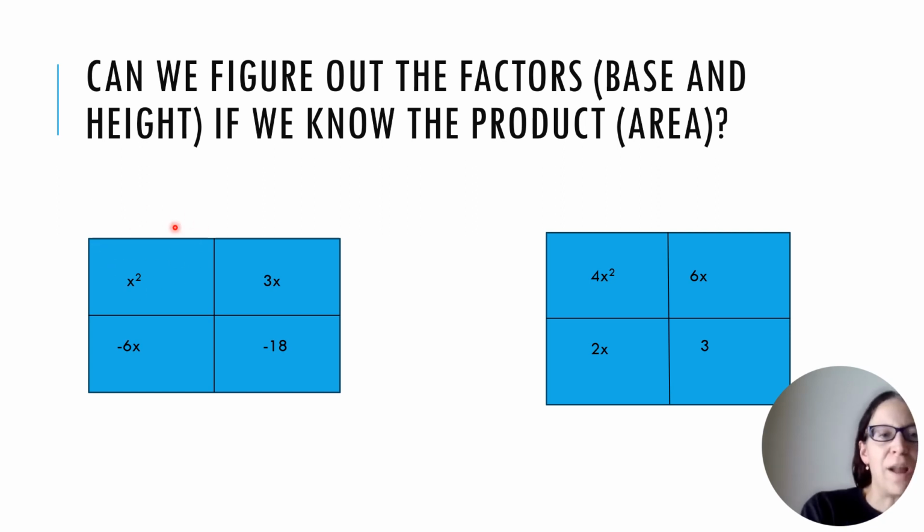So you can start up here and say, if I know that the area of this rectangle is x squared, then what has to be the base and the height? What times what gives me x squared? Hopefully you did enough of the previous problems to know that that would be x times x.